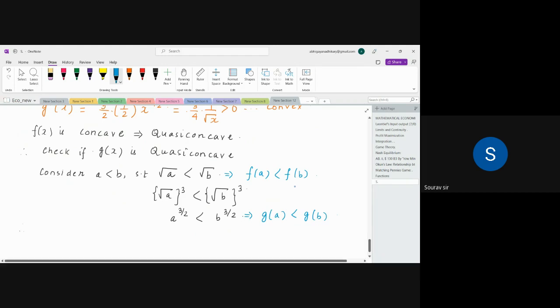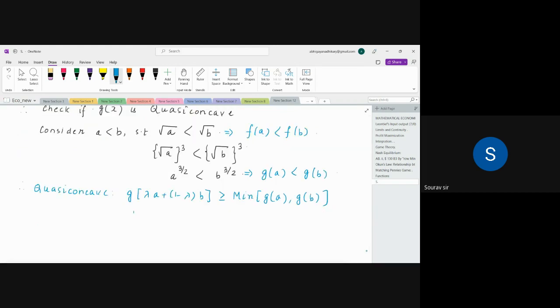So what do we check for quasi-concavity of g? It would be g of (lambda a plus (1 minus lambda) b) is greater than or equal to minimum of g(a), g(b). So g of (lambda a plus (1 minus lambda) b) is greater than or equal to g(a), correct.